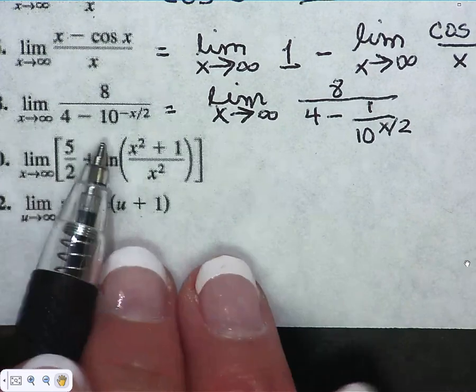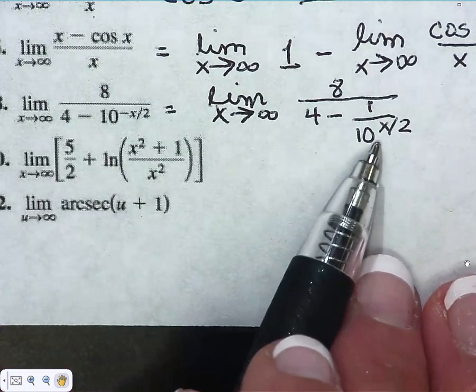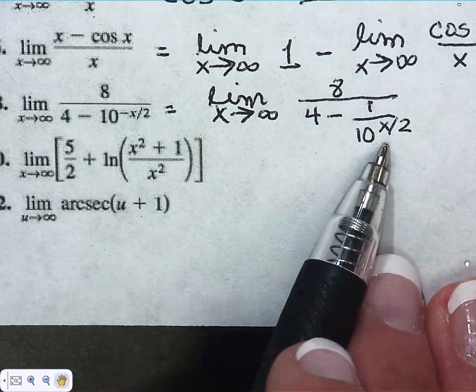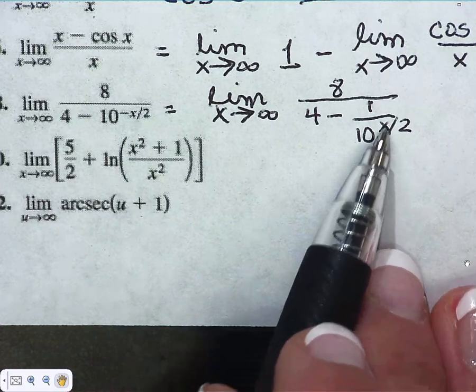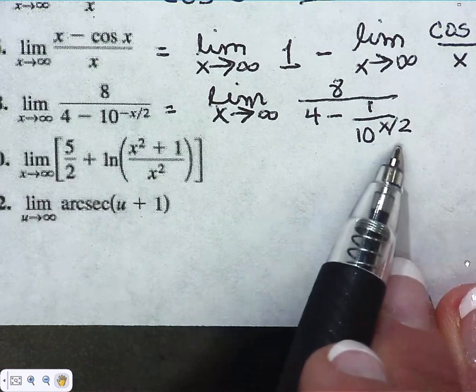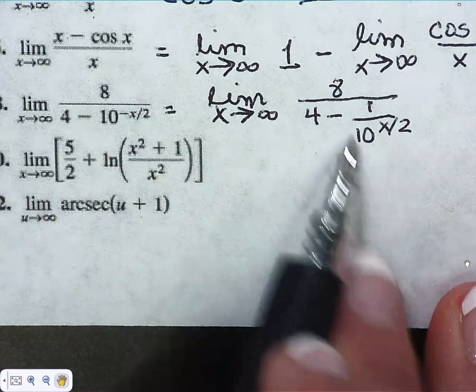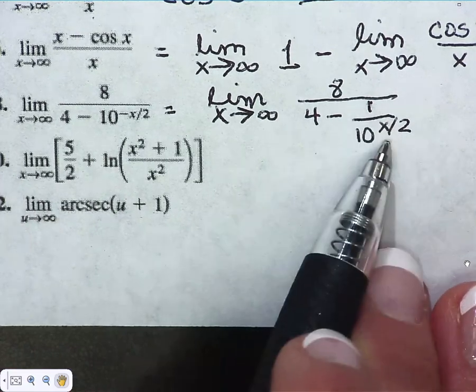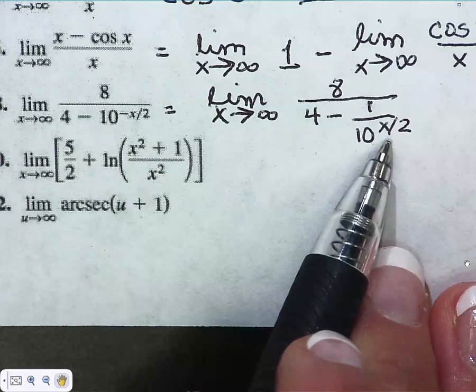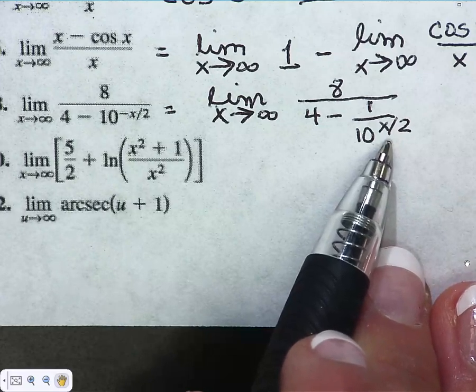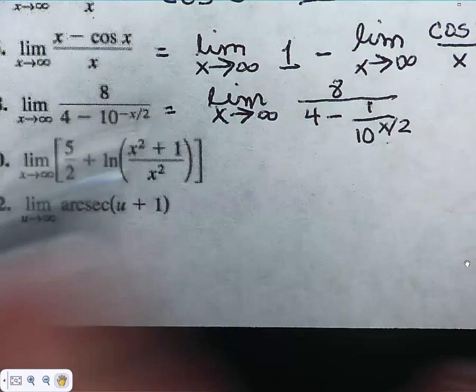As x gets infinitely huge, what's 10 to the x going to be doing? Whether you divide a billion by 2 or not, it's really not going to matter. That denominator is getting huge, and 1 over huge is getting darn close to 0. So what's all that's left of that limit?